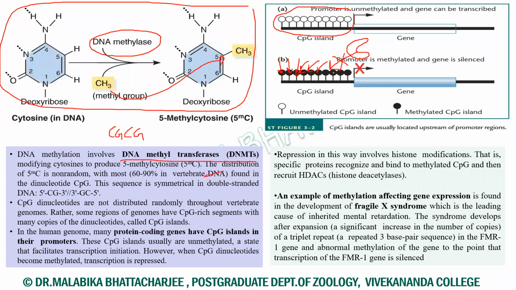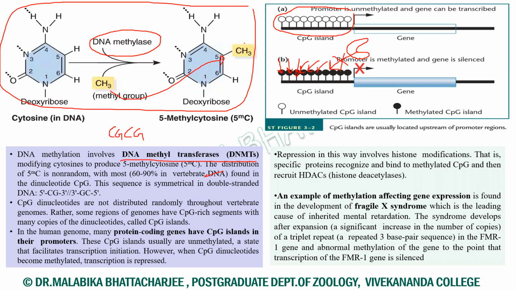So if polymerase is not able to recognize the promoter, not able to sit on the promoter, then what happens? The gene was supposed to be transcribed, but since promoter methylation has occurred, the gene is now silenced. So this is the difference. No sequence has changed.